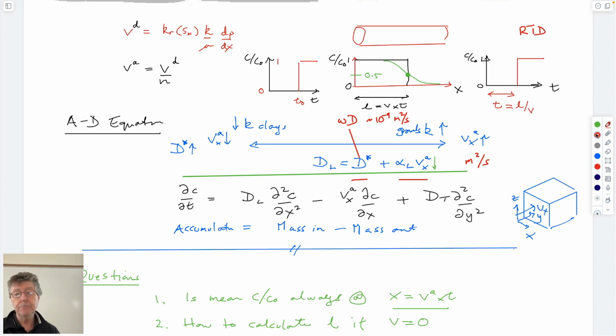And if progressively the magnitude of dispersion increases, then this becomes canted over. So this is D_L getting bigger. And I guess it would also mean this. So that's the basic feel for it.